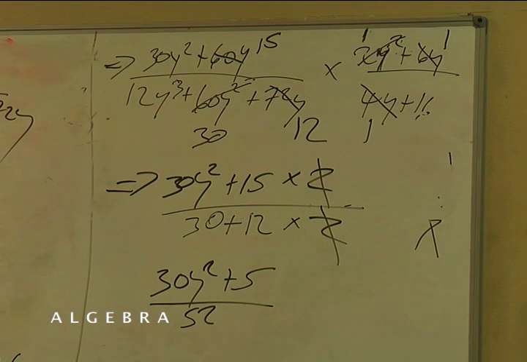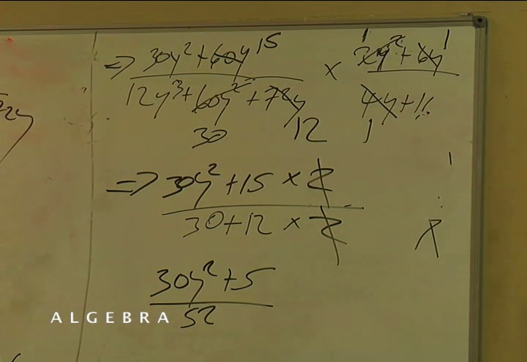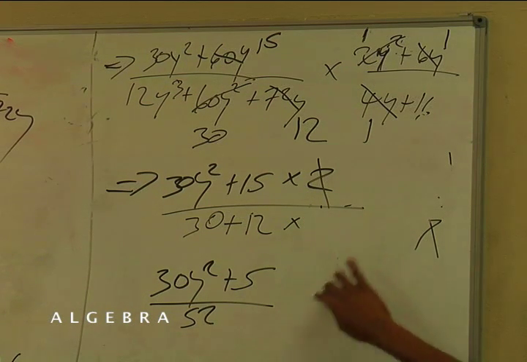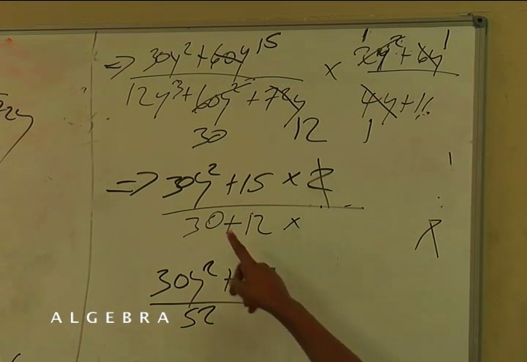Over that side we have the 4y plus 16, right? Down at the bottom, they get 30 plus 12 times 2. It's supposed to be 16. I know you get the 30, I know you get the 12.